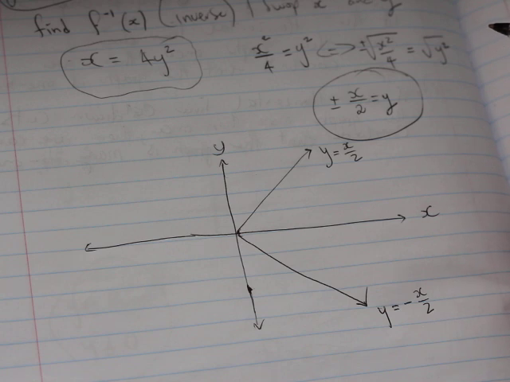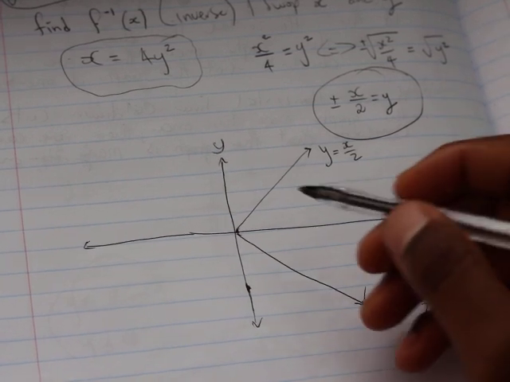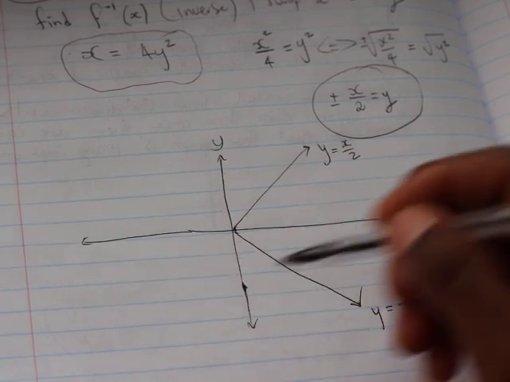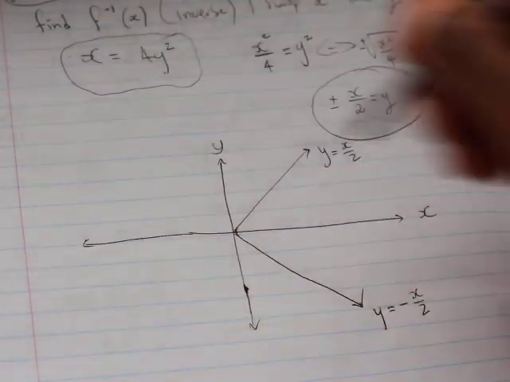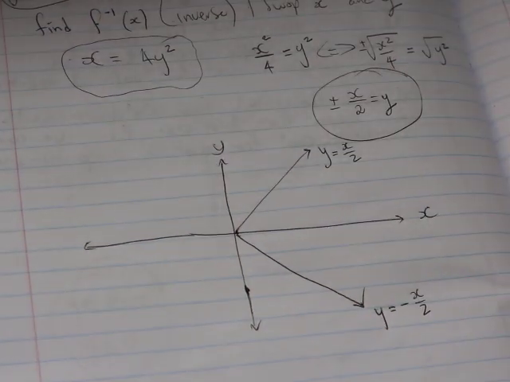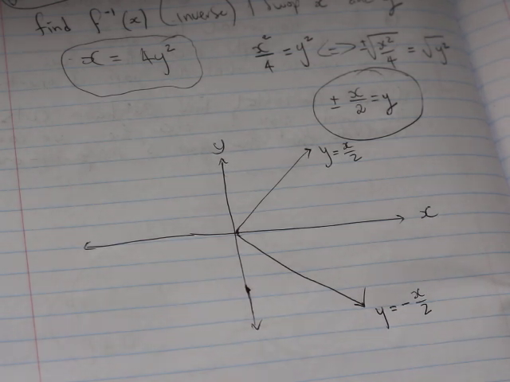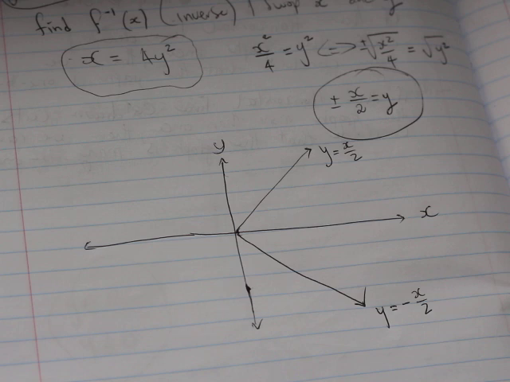Okay, and also, can we extend the branches from here going down, also from here going up like that? Can we extend the branches? Can we do that? I'm not too sure about that. All right, I'm not too sure about that, but this is what it's going to look like, right?